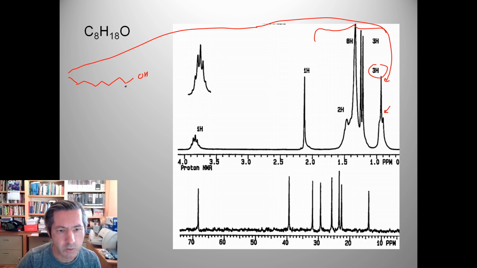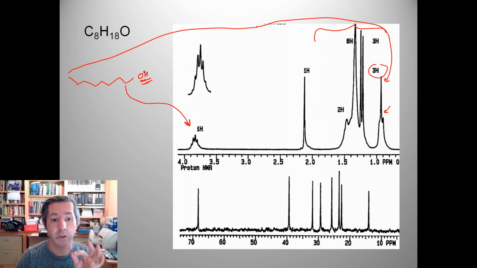This signal right here is our most downfield signal. That's normal for saturated alcohols. And so this one gives us some splitting. We can't quite tell what's going on there. Is it a triplet? Is it something a little bit more? When you have a hydrogen bonding group, they usually do not participate in splitting.